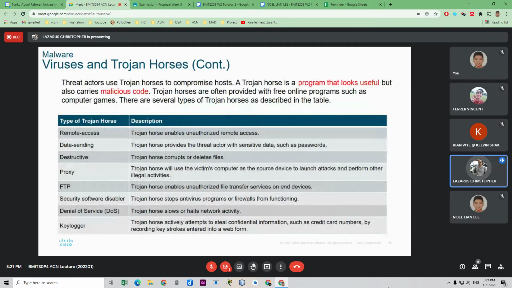And then we have the Trojan Horse. A Trojan Horse pretends to be a valuable or useful program, but hidden inside is a piece of code that actually does something harmful. So these harmful things can be, for example, remotely accessing another host, sending data it collects, such as login name and password, and it can be destructive.